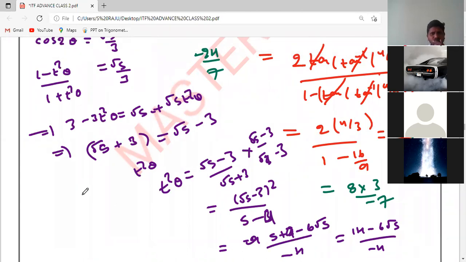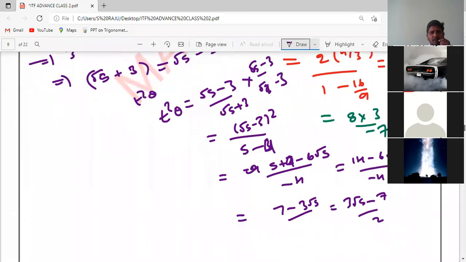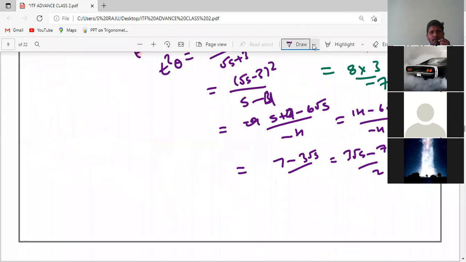Okay. Or else you can go through that 2 cos square minus 1. In that case also you'll get it very easily. Minus of root 5 plus 3 into tan square theta equal to root 5 minus 3. Got the answer? Tan theta equal to 3 minus root 5. Exactly, 3 minus root 5.